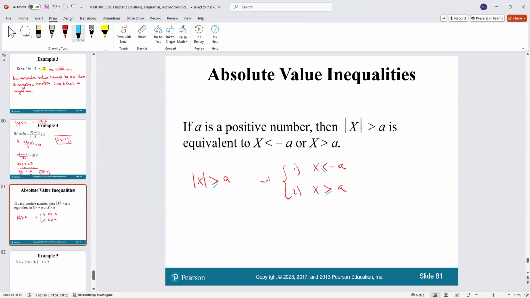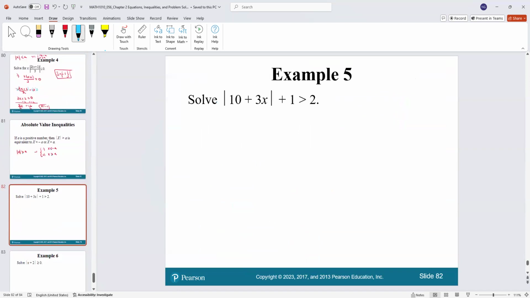Now let's do a few examples to complete this chapter. Remember, you cannot have another number on the same side with the absolute value expression, so we need to isolate that term. Now we have strictly the absolute value of 10 plus 3x is greater than 1.